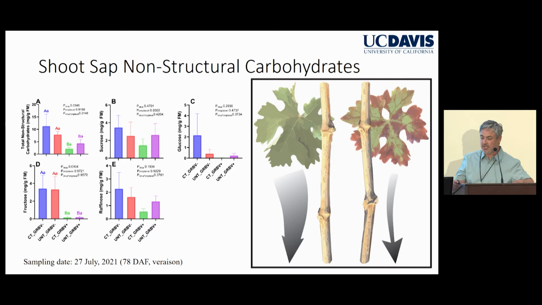And so from this data, again, it kind of confirms the results we've seen in the leaves, but it was an inverse relationship where the uninfected vines had much higher level of carbohydrates moving through the sap, and the infected vines had a much reduced level. This was particularly evident in A, which is the total carbohydrates, and D, which was fructose levels.